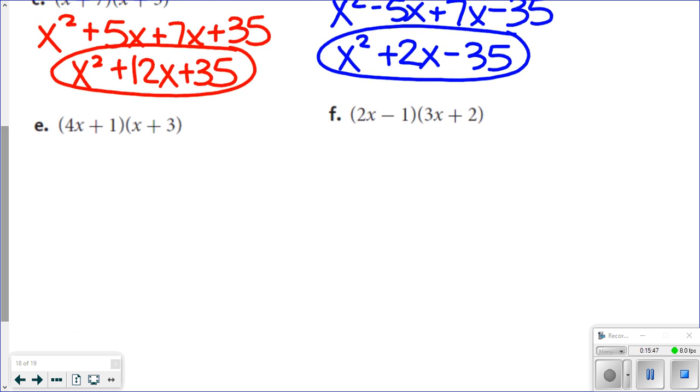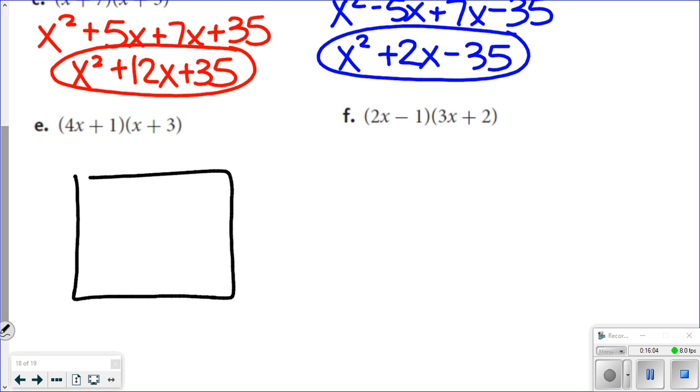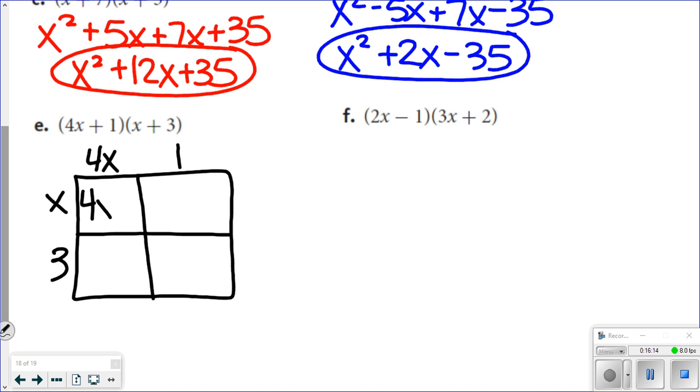If you have not done E and F yet, go ahead and pause the video, and I want you to try those, either using FOIL or the box method. 4x times x is 4x squared. 1 times x, 4x times 3. 3 times 1 is 3.